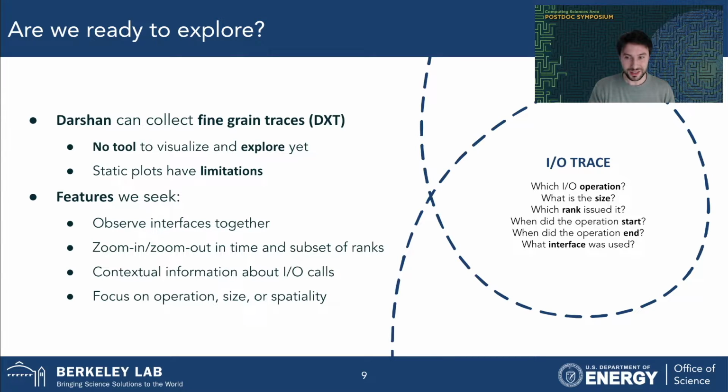That is, what is the size, what is the interface, when did it start, to which server that request was sent. And we also want to have different ways of focusing on operation, on size, and on spatiality. So how those requests are distributed in the file.